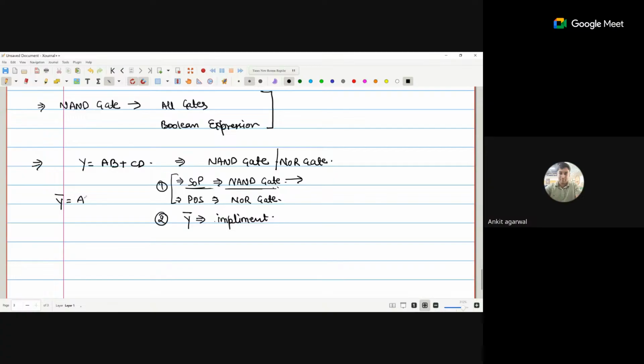Y bar is A plus AB plus CD whole bar. So implement this one. After that, if Y bar, one NAND gate is required.